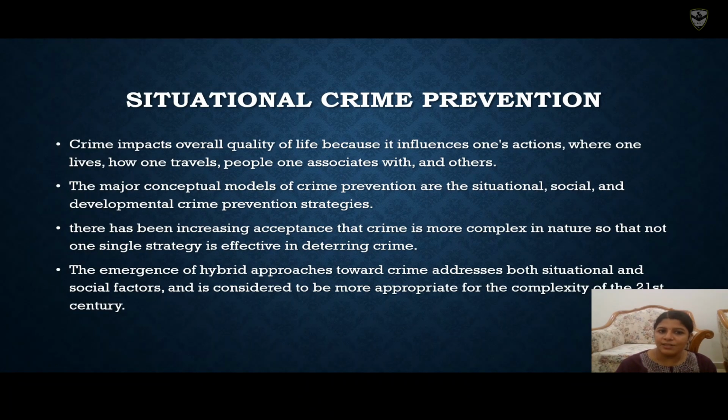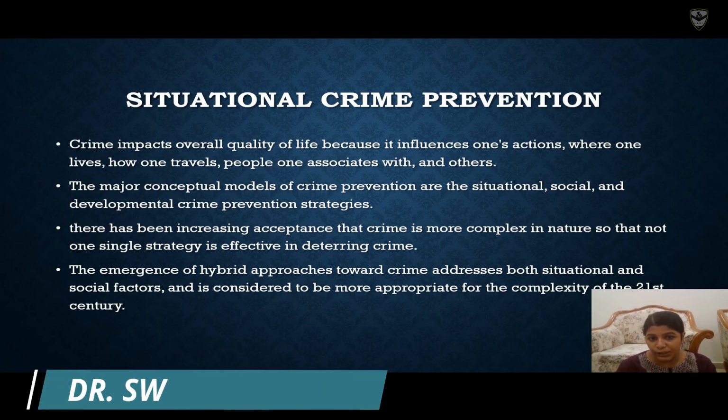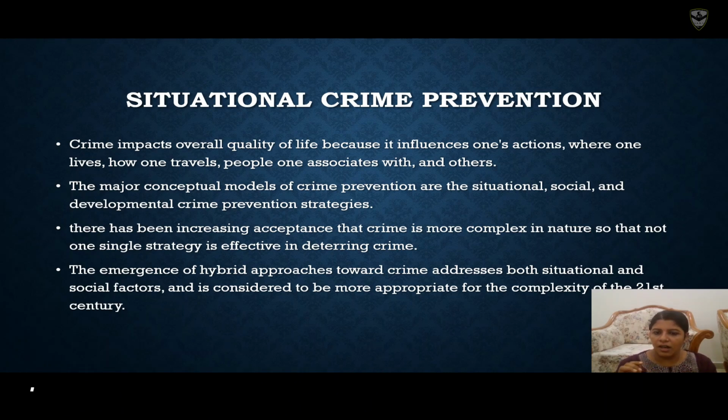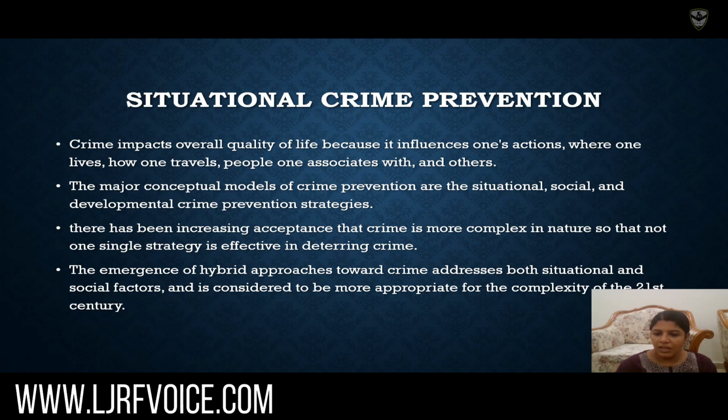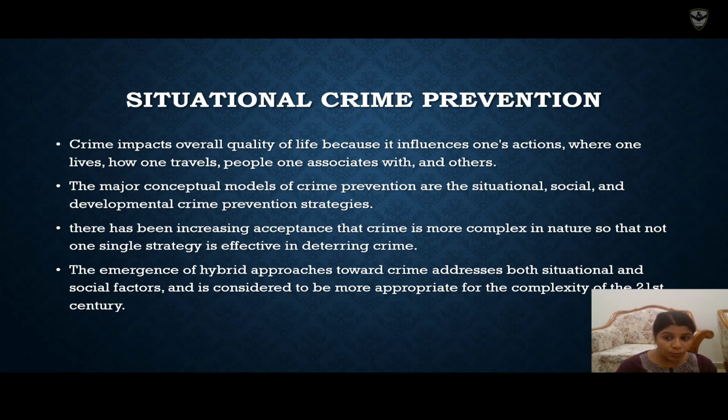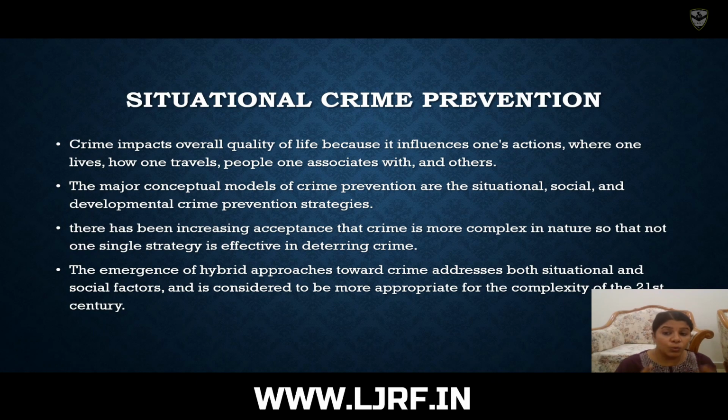Crime as such impacts the overall quality of life because it in a way influences our actions, where we live, how we travel, or who are the people we are associated with, and so on.